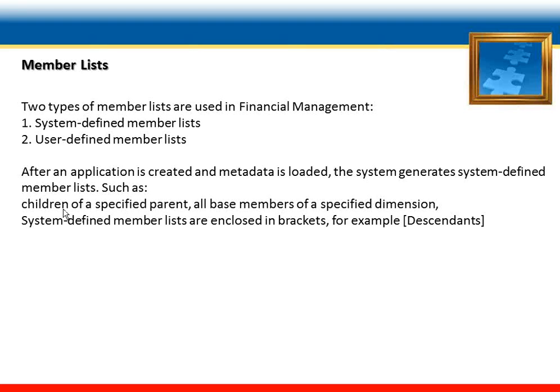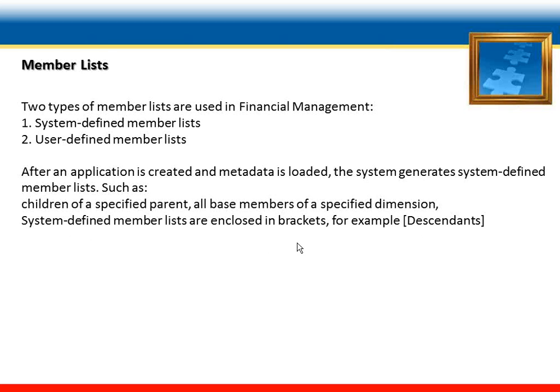Okay, so let's take this example again. Children of a specified parent, all base members; base members are those in which data is included. System defined member lists are enclosed in brackets, like descendants.